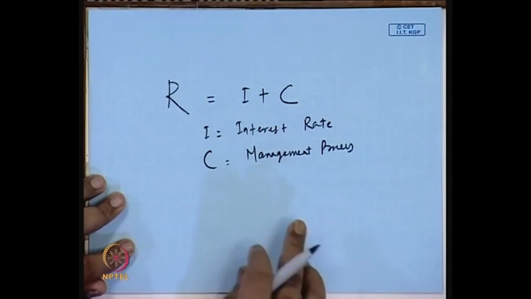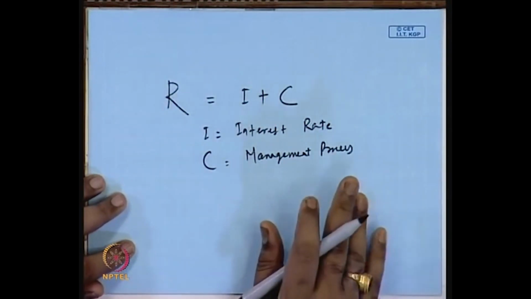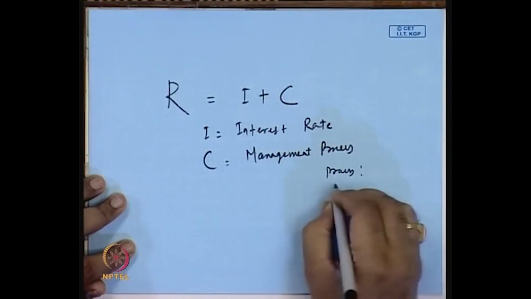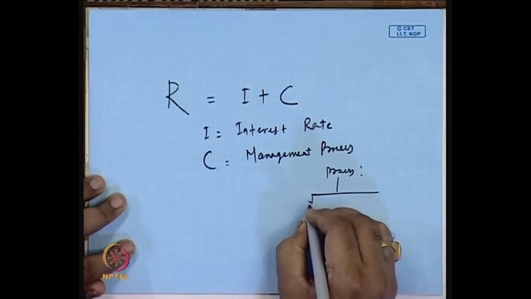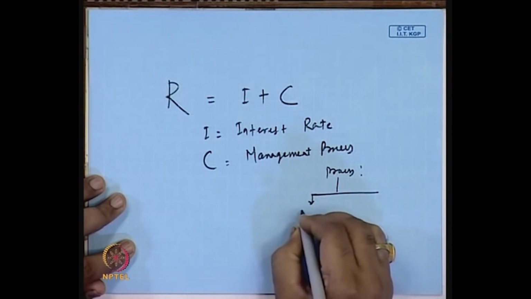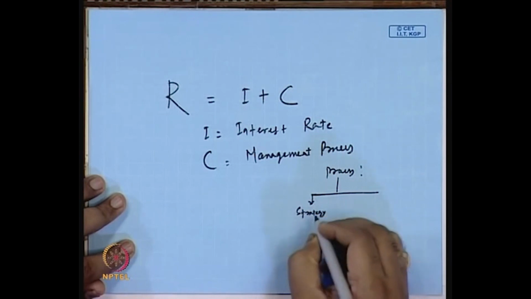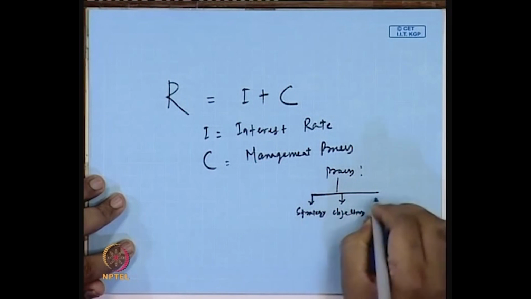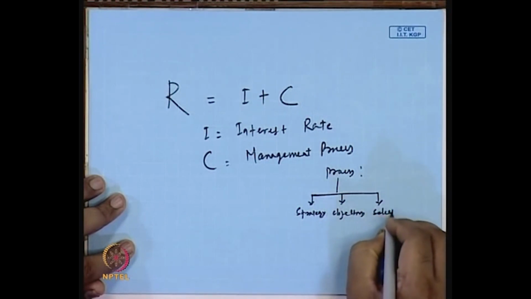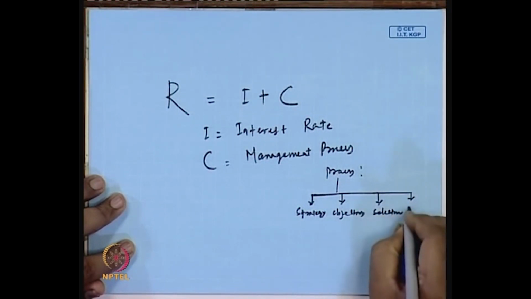of the manager, or the process through which the fund manager invests the money in the market. The process involves so many things. One is the strategy, your objectives, your selection, and asset allocation.